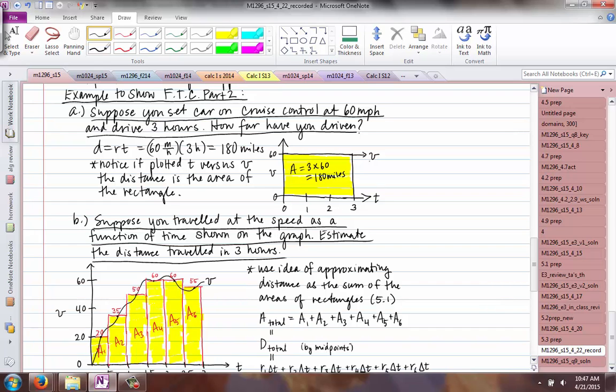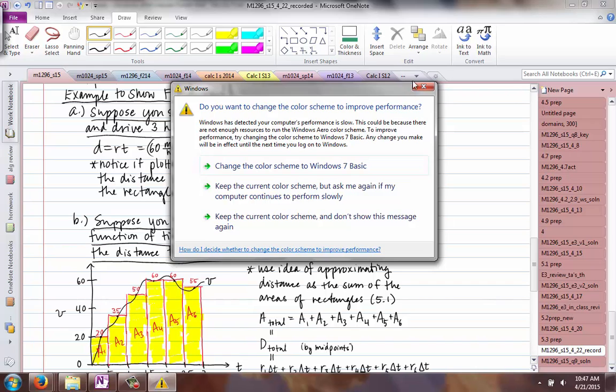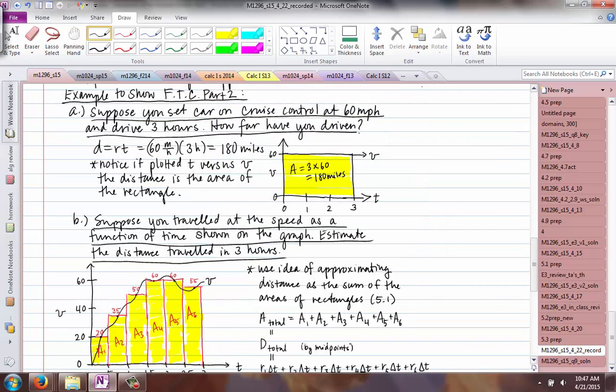So this is what I've shown graphically, that if we plot that the velocity function is 60, it's just a flat line, and our y-axis is representing the velocity, or the speed. And then our independent variable t is like our x-axis.